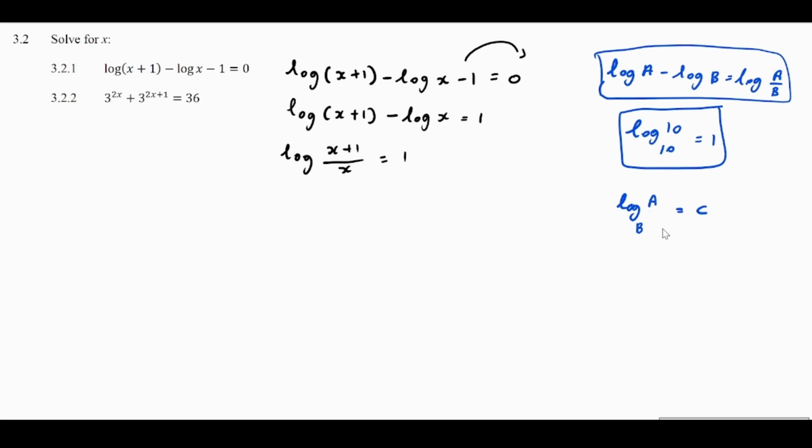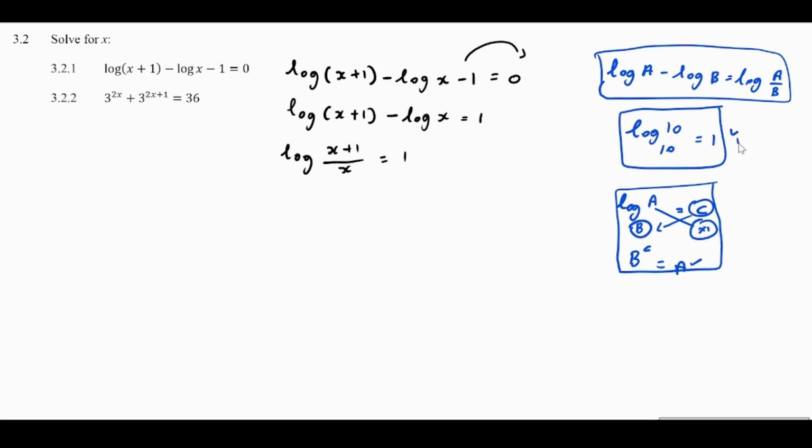If you want to write this in exponential form, your base b to the exponent of c is equal to a. So basically you're crossing like this: this one becomes an exponent, and this one you're multiplying by 1, and then it becomes a.